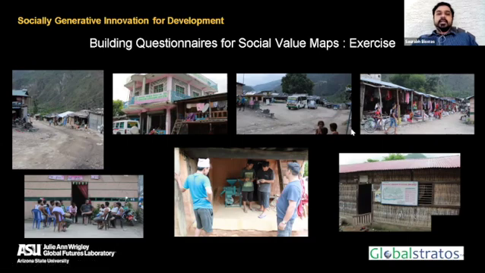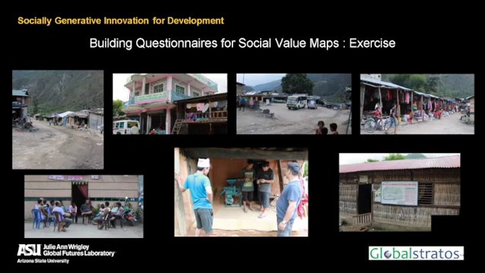Right, so this is a community in southeast Nepal. As you can see from the pictures, it's on the mountain side, so difficult terrain. There's a river at the bottom, the foot of the hill, and this community is at a higher altitude on the hill.